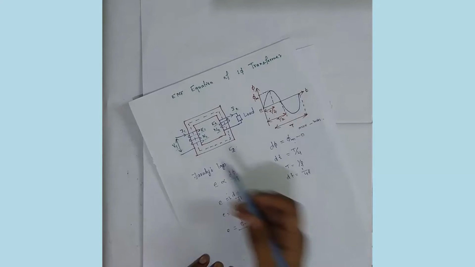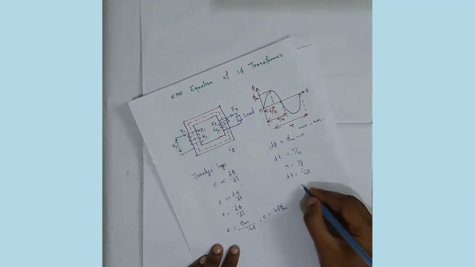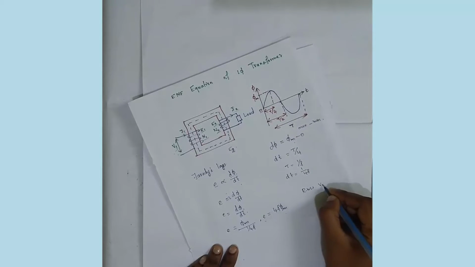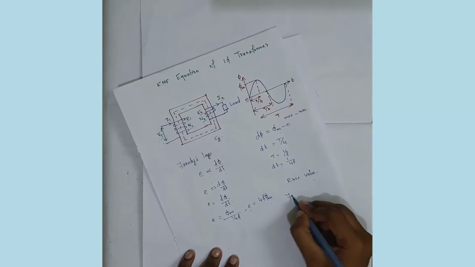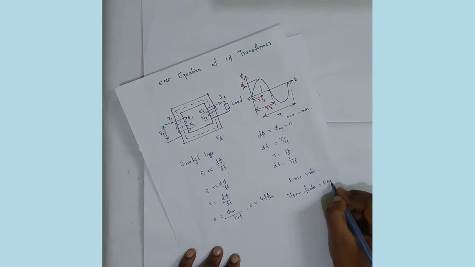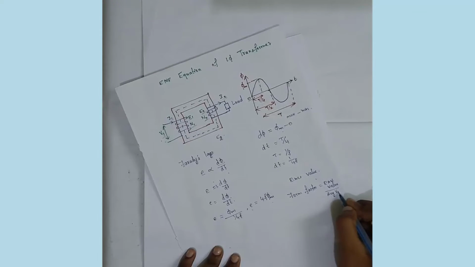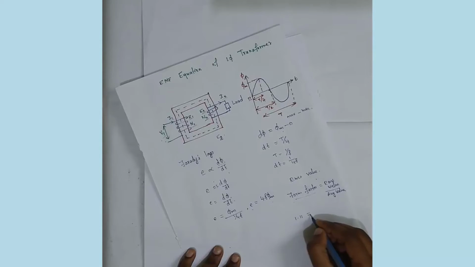As we have given an AC supply to the primary winding, we need to find the RMS value. To find it, we use the formula: form factor is equal to RMS value divided by average value. For a sinusoidal waveform the form factor is 1.11.